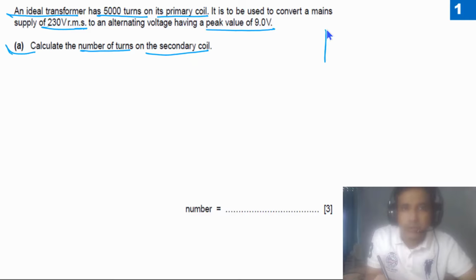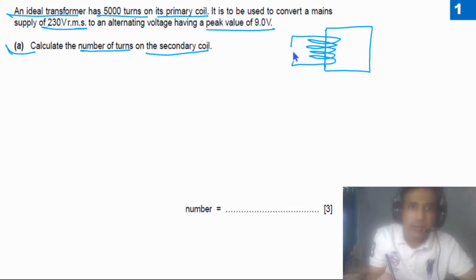So we can simply sketch a transformer here, the basic structure, so you can get a better idea. So this is the primary coil, and this is connected with an alternating power supply. A transformer only works with an alternating power supply. It has primary voltage VP, and the number of turns on the primary coil, we can say NP.